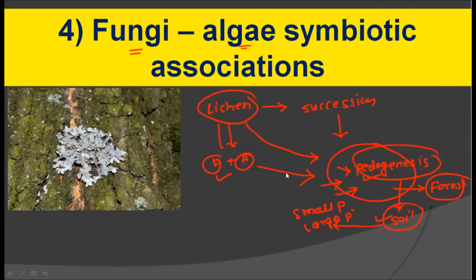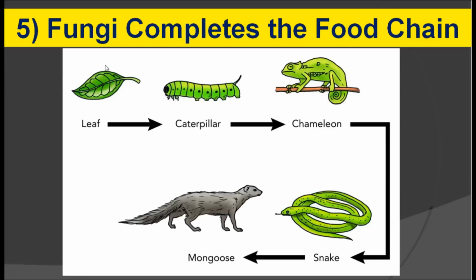All right. So lichen plays a very important ecological role of pedogenesis, and the lichen is made up of fungi and algae, and that is why fungus is again very important in an ecosystem, in that it helps in ecological succession. All right. Now the next ecological function of a fungi is that fungi complete the food chain.